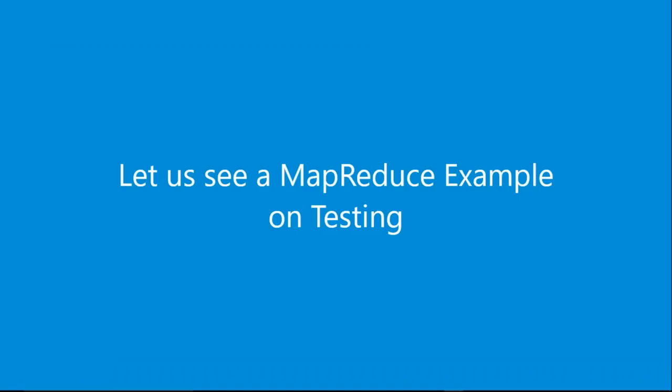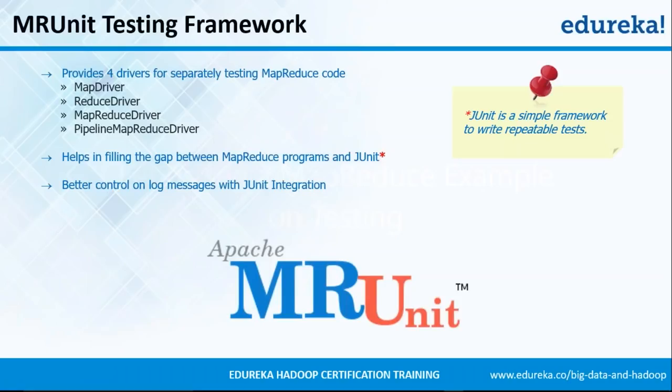So now we'll look into the MapReduce example for testing. In this we'll be using the MRUnit. MRUnit is nothing but a framework using which you can get the advantages of JUnit on a MapReduce program. So you are basically executing unit tests over a MapReduce program. You pass a set of inputs and you define the final output that should be received.